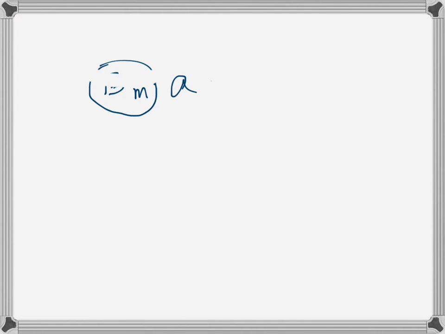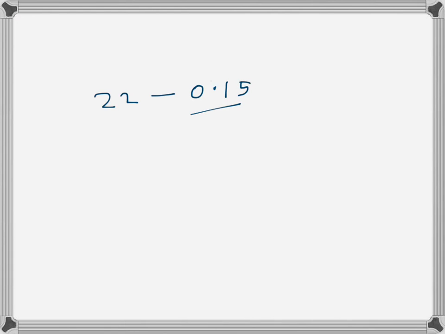Let me rewrite this. So basically now what should happen is 22 minus 0.15, the kinetic friction, we are using the value of kinetic friction, times 44. That subtraction will give the acceleration.